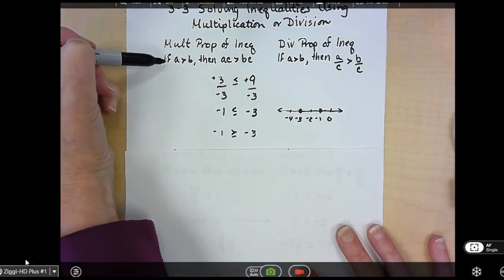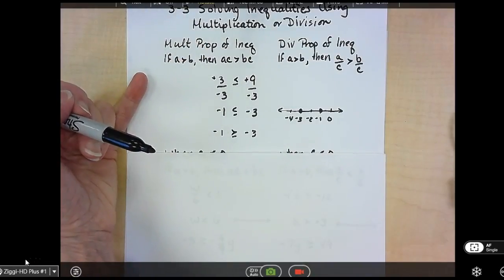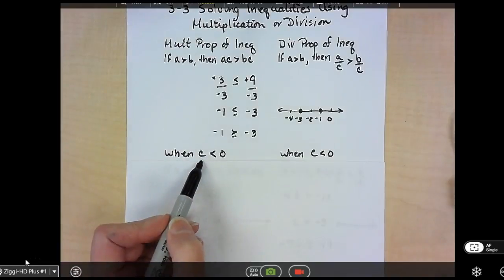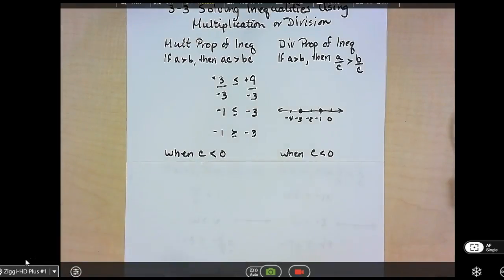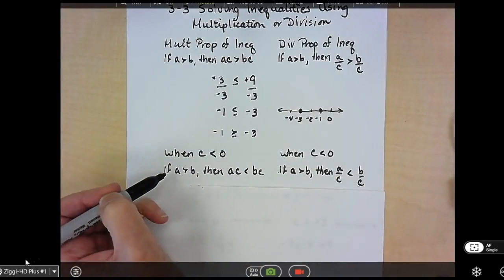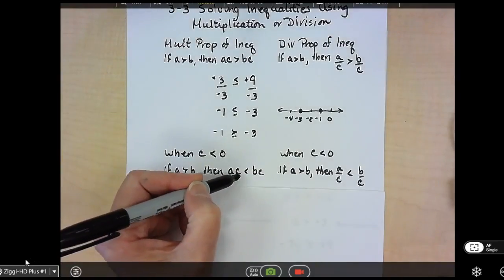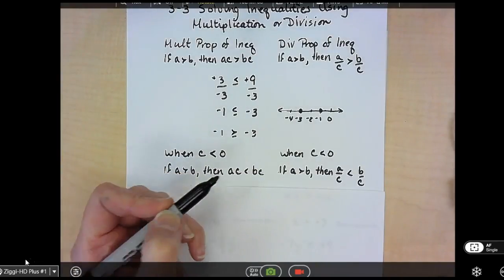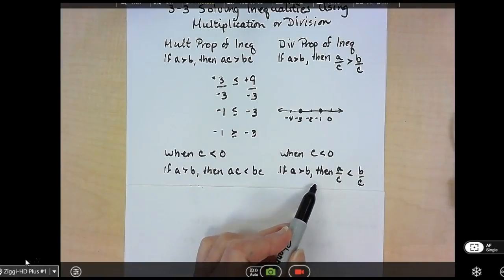So besides this first part of the multiplication and division property, we have a second part to it. And that's when our C, the number we're dividing by, is less than 0, meaning it's a negative number. So when we divide by a negative number, if A is greater than B, then A times C is going to be less than B times C. We have to switch the inequality anytime we multiply or do that division.